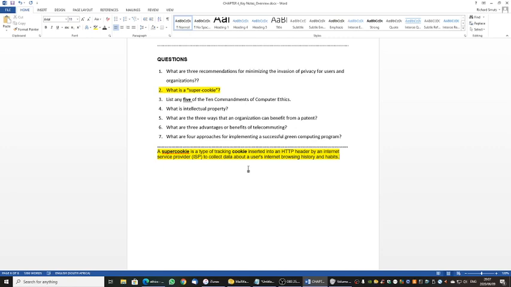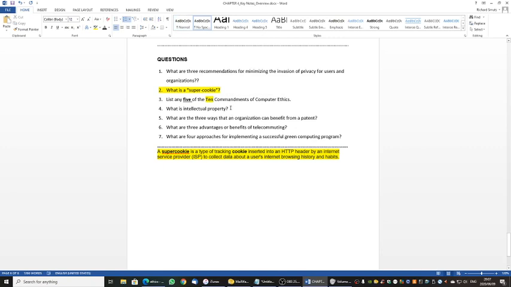And a super cookie is not something that you want, and it is a reason why you may want to turn off cookies on your browser. That would be used for marketing information. List any 5 of the 10 commandments of computer ethics. I would prefer you to list all 10 because all 10 are valid.